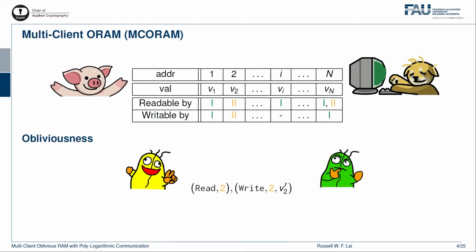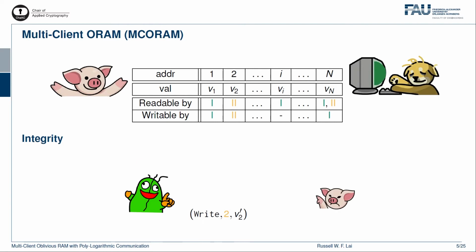For example, if client 2 reads or writes address 2, client 1 should not know what client 2 is doing. In fact, client 1 should not even know that it is client 2 who is accessing the database. This also means that client 1 should not be able to read address 2. An MC-ORAM should also provide integrity. For example, client 1 should not be able to overwrite address 2.